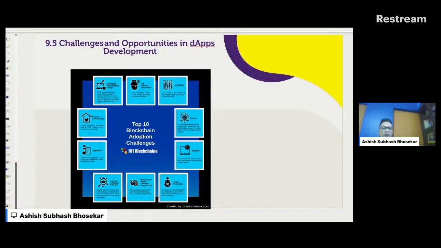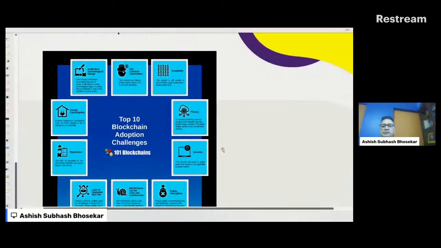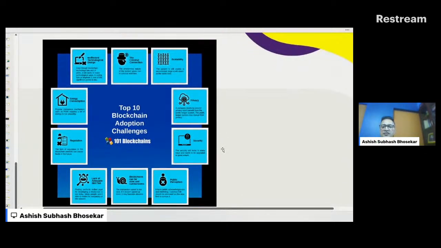So here are some of the examples. I hope you can see this. So these are mainly the challenges, as I mentioned: the energy consumption, scalability, and criminal connection. But the opportunities can lie in banking and finance, then supply chain and healthcare.